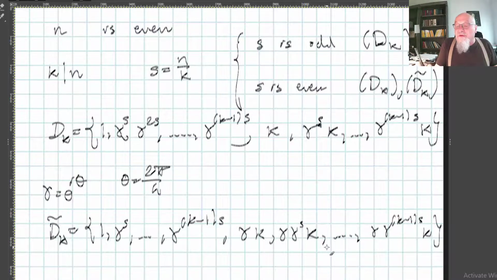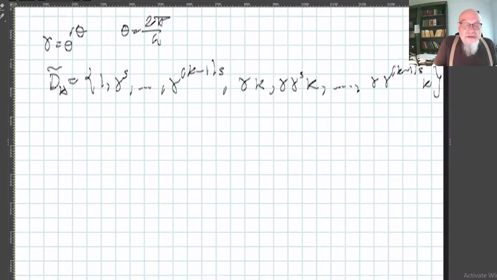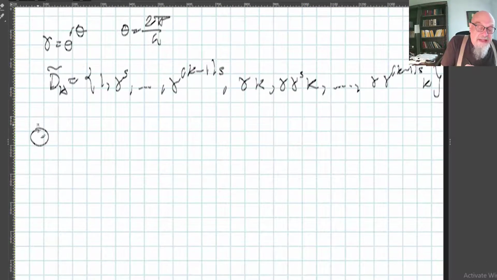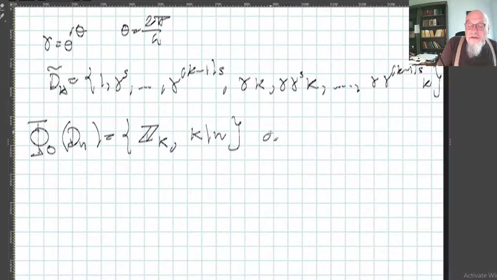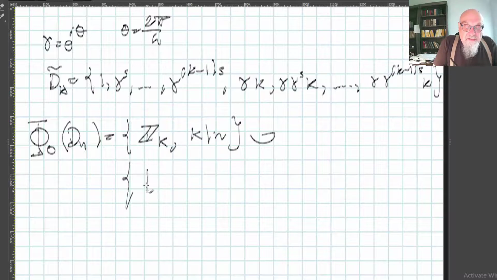and these two subgroups. So in such a case, we can write it down: phi 0 of Dn is equal to, then you have here the subgroups Zk, where k is a divisor of n, and then union Dk.